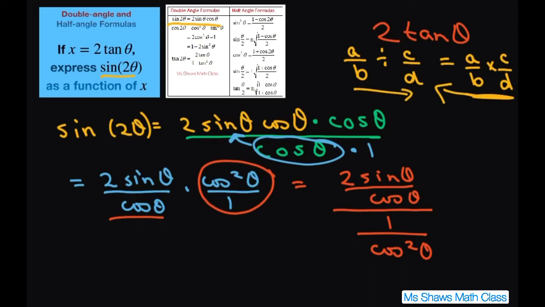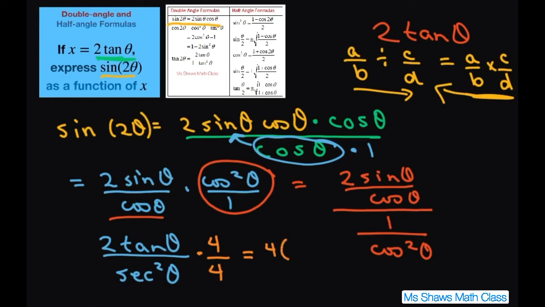All right. Now that I have that, I can simplify this as 2 tan of theta divided by secant squared of theta. Now I still need 2 tan of theta. So the trick here is I'm going to multiply my numerator and my denominator by 4. And what that gives me is 4 times 2 tan of theta.